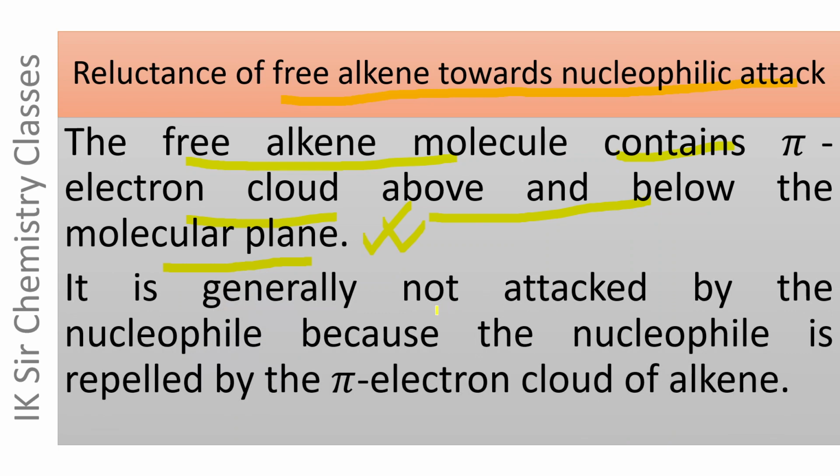It is generally not attacked by the nucleophile because the nucleophile is repelled by the pi electron cloud of alkene. Therefore, the free alkene molecule is reluctant, not willing, towards attack by nucleophile.